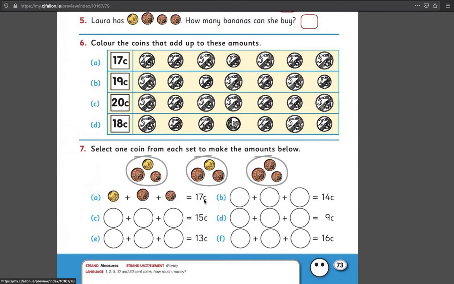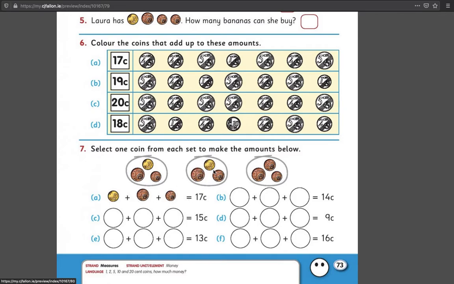So you want to pick one coin from each set to make the amounts below. Okay, so the 2 is gone. Oh sorry, no, that one's okay. You're just using that to make this up. You can still use it again.